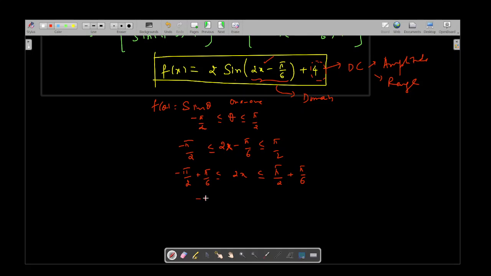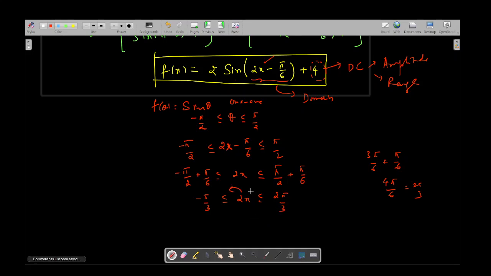So minus 60 is minus pi by 3, less than or equal to 2x less than or equal to, here we have 90 plus 30, which is 120. Or I can write this as 3 pi by 6 plus pi by 6, which is 4 pi by 6 or 2 pi by 3. So this is my 2 pi by 3.